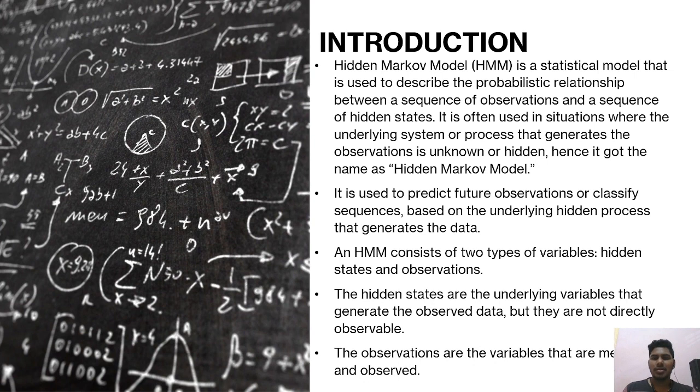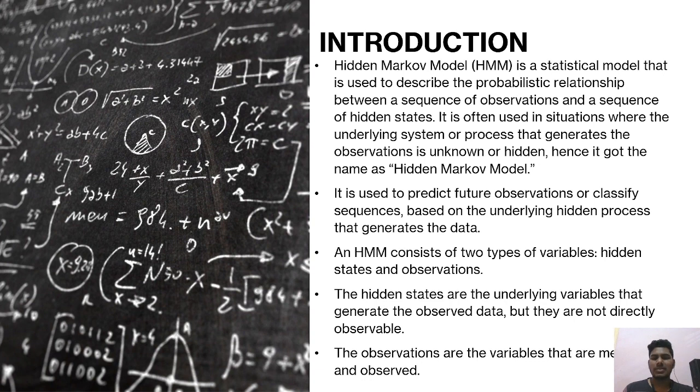It is often used in a situation where the underlying system or process that generates the observation is unknown or hidden. Hence, it got the name Hidden Markov Model. It is used to predict future observations or classify a sequence based on the underlying hidden process that generates the data, based on the given information.